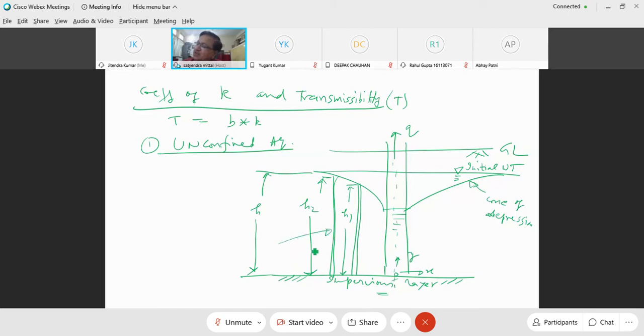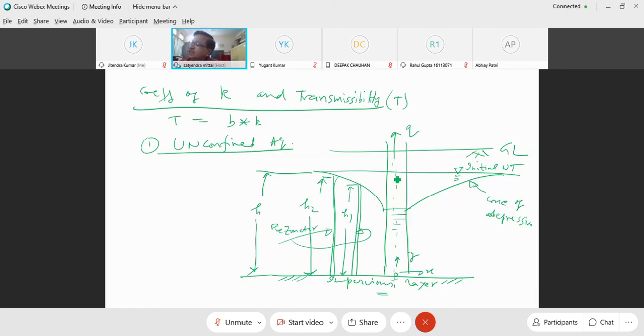Piezometer you already know: it is the tube which you insert into the water, and the water automatically moves up into the tube. That is called a piezometer.